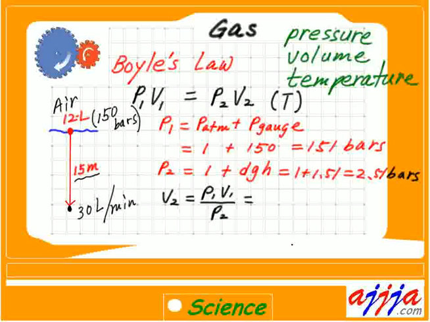That's 2.51 bars. Now we are looking for the second volume, V2 equals P1 V1 over P2. We plug everything in: pressure 1 is 151, times V1, which was 12 liters, over the new pressure, 2.51. We get the new volume, which is 725 liters.